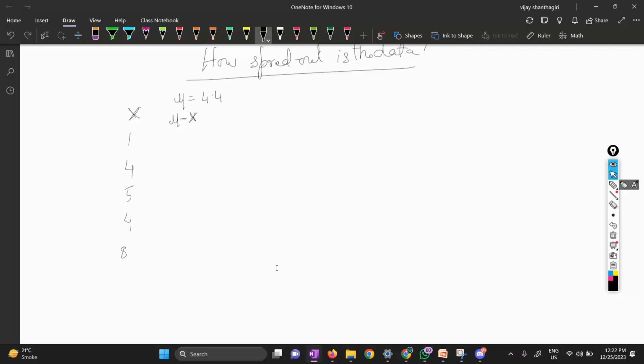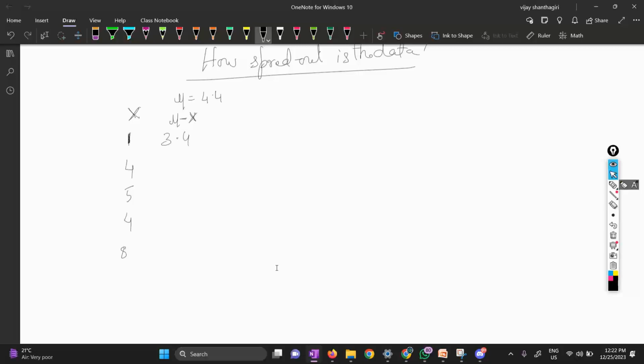Mu minus x means what is 4.4 minus 1? It means how far the individual number is from the mean. How much? 3.4.